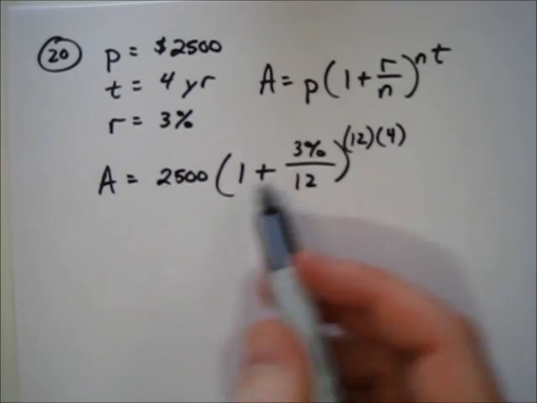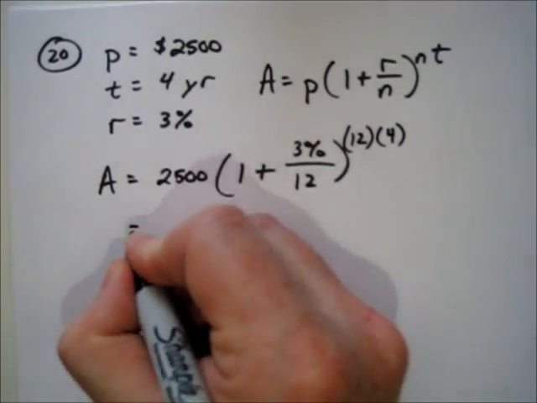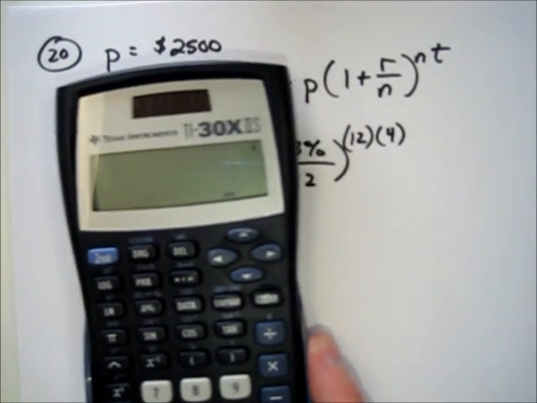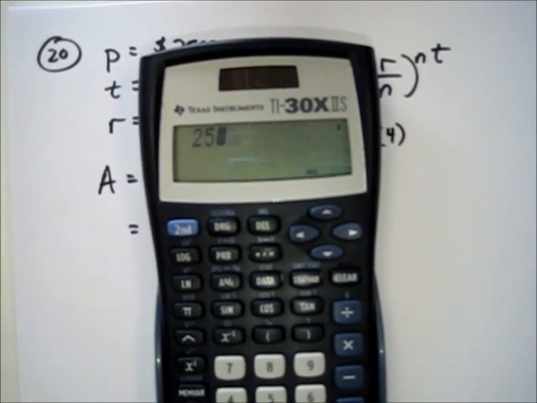So if we can plug this in the calculator properly, we will get the right answer. Using our calculator here, 2,500 parentheses 1 plus 3%, 0.03 divided by 12, close the parentheses, use the caret to raise to the power.